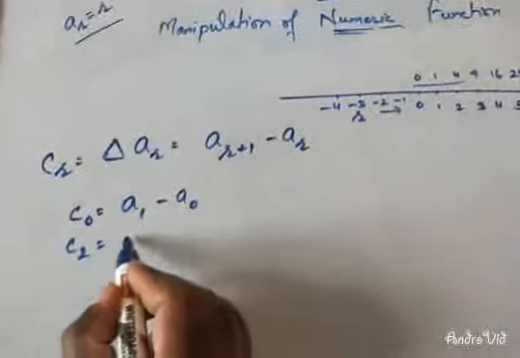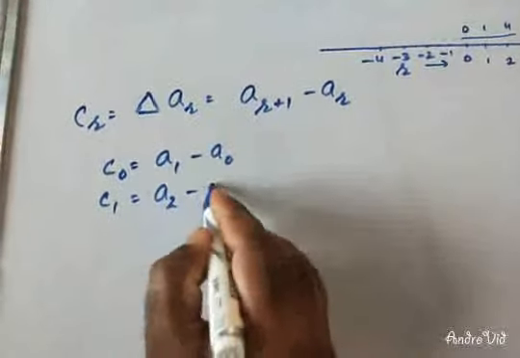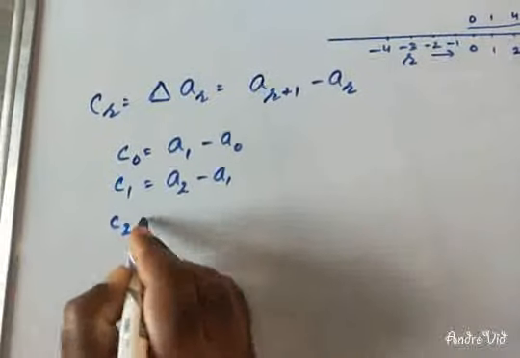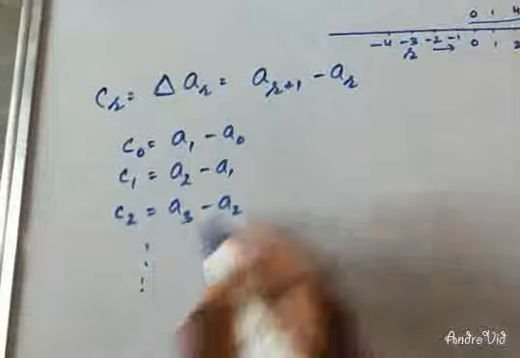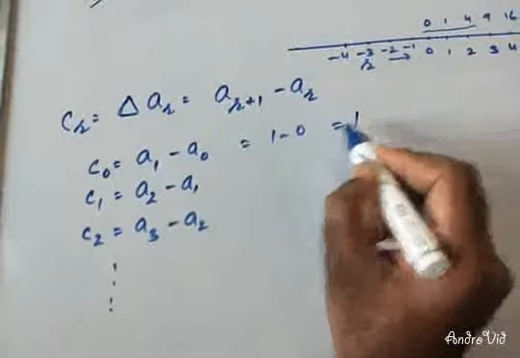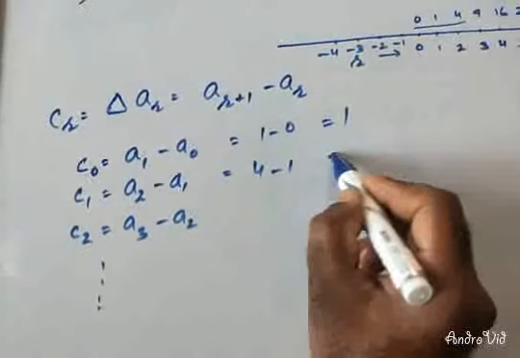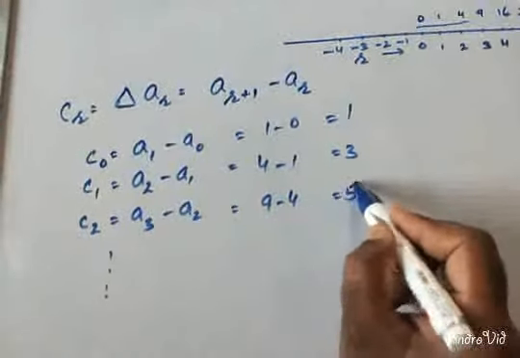C1 will be A2 minus A1, C2 will be A3 minus A2 and so on. This value is 1 minus 0, 1, 4 minus 1, 3, 9 minus 4, 5.